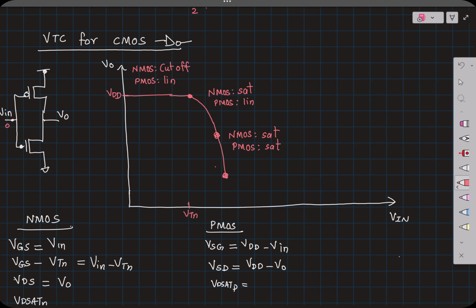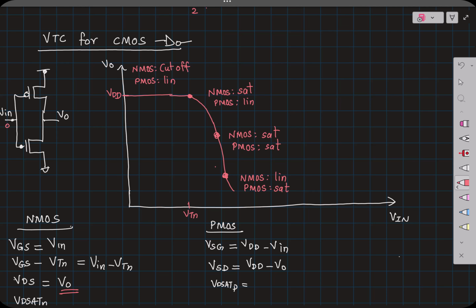Now, what do you expect to see after this? You keep increasing your Vin, your V0 keeps reducing, and at some point, the NMOS is going to enter into linear region. So the next region will correspond to NMOS being in linear region and your PMOS still in saturation. What is the next region change that you expect to see? PMOS will eventually enter into cutoff as your input is increasing.